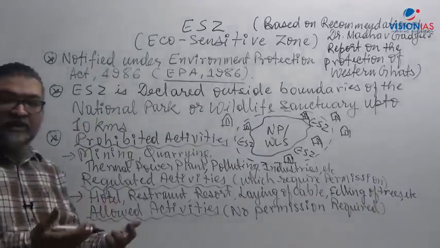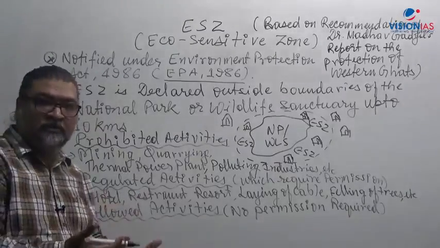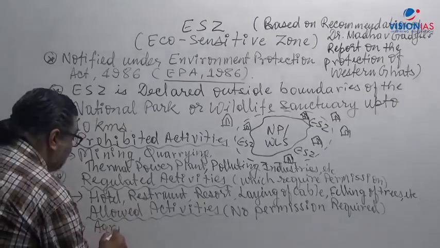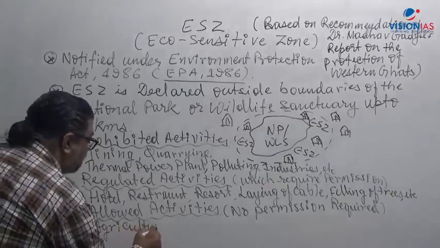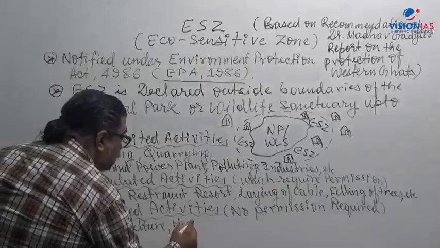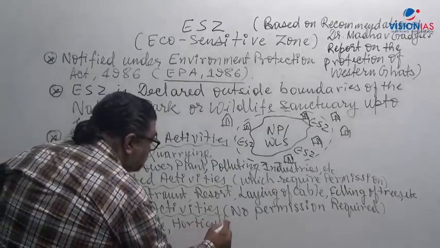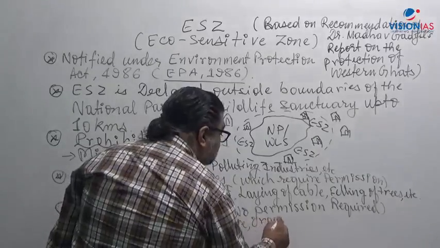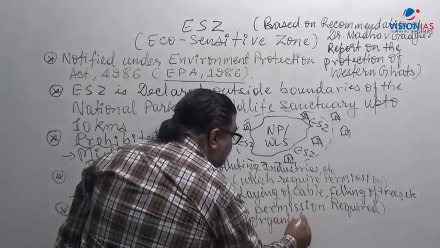It is allowed by the government and people can do those activities. These are agriculture. If they are farming there, they'll continue to have agriculture, horticulture, aquaculture. Government can promote organic farming. Organic farming can be done.